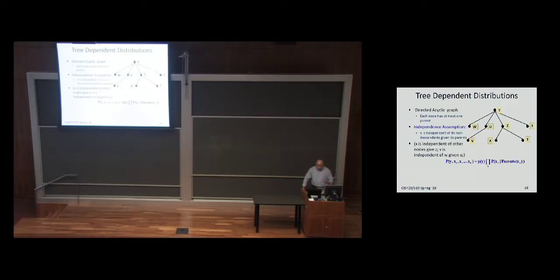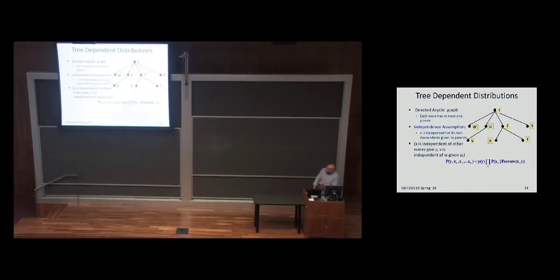But most of the time today, we're going to spend on a restricted case of Bayes nets, which are in the form of trees. The reason is that it still has a lot of the nice properties of Bayes nets, and it's much simpler, and we can give an interesting and nice algorithm to learn these. So most of the principles that I want you to understand, we can still understand in the context of trees. So what does it mean that it's a tree?